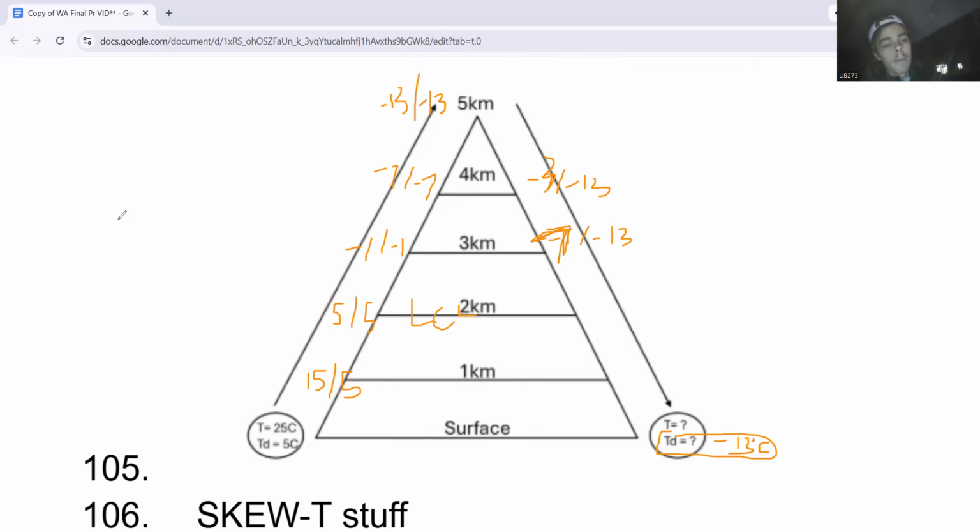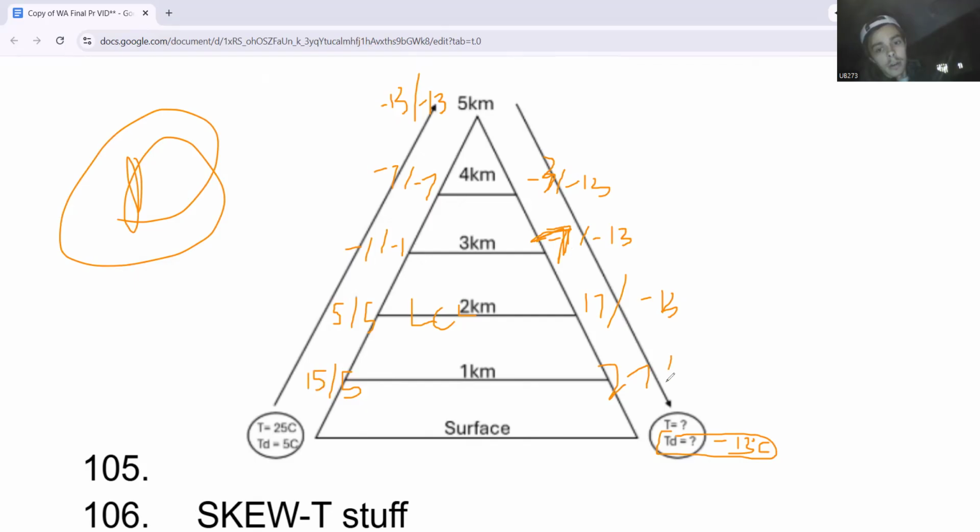So remember, see what I just did: when it goes down and starts increasing, it's always by the dry adiabatic lapse rate. Sorry about that. So now it's going to be 17, -13. Then 27, -13. And then finally, the final temperature is 37 degrees Celsius positive.